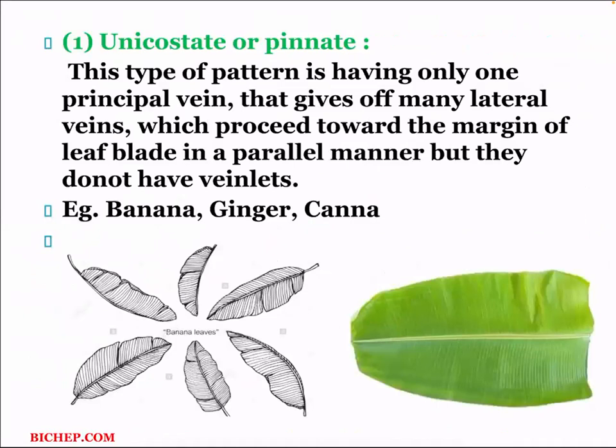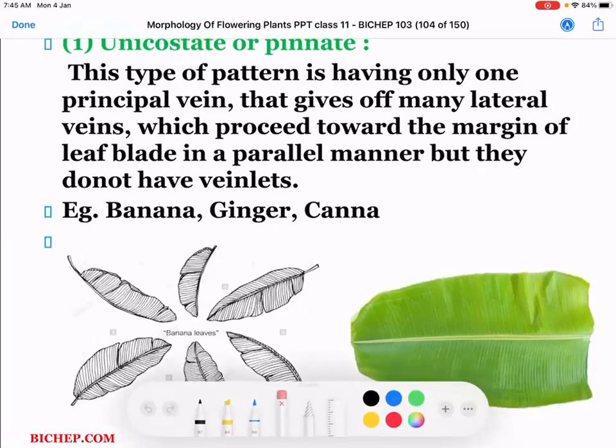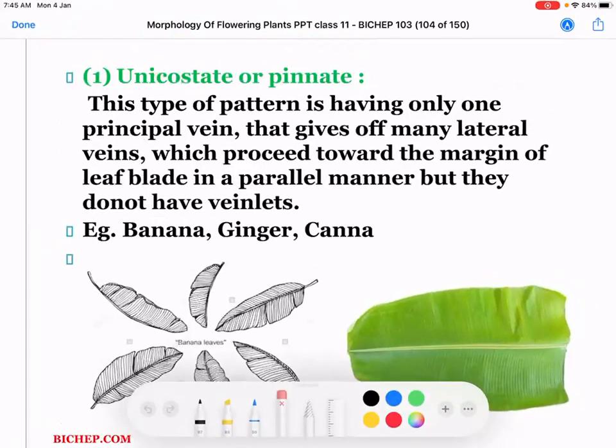Unicostate, that is pinnate. Now, what is the meaning of pinnate? It has uni, that is 1. Ready? Costate means principal vein. So only one principal vein, that is unicostate.